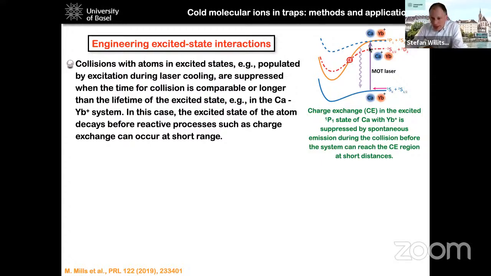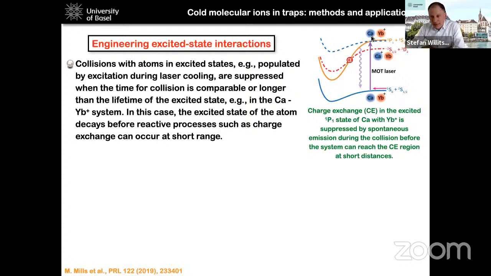Now, whether such a radiative charge transfer process or radiative association process happens, it's of course important that the two collision partners come close enough, so that for instance, a bound state on the lowest potential energy surface can be populated.